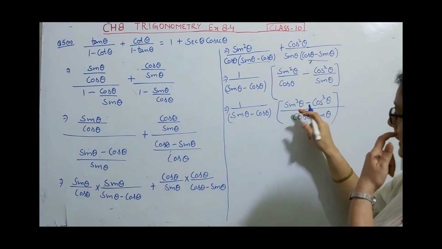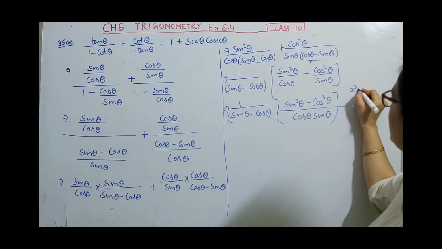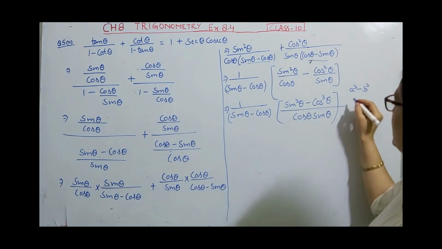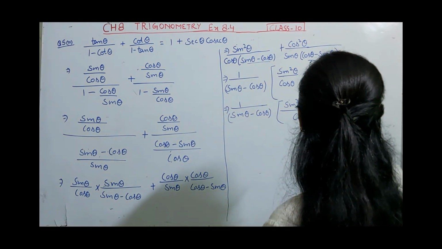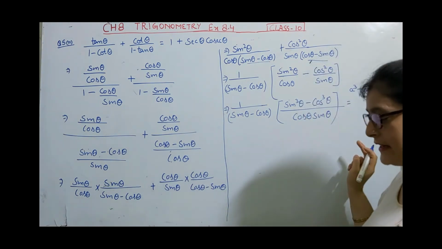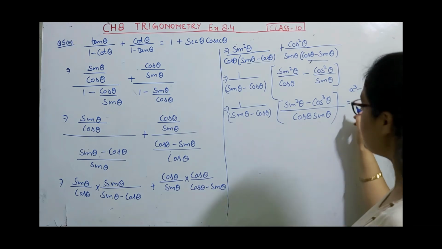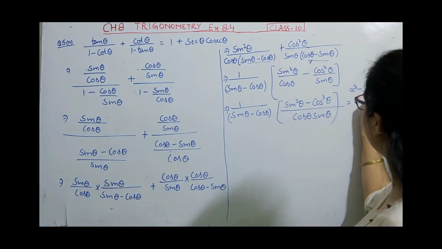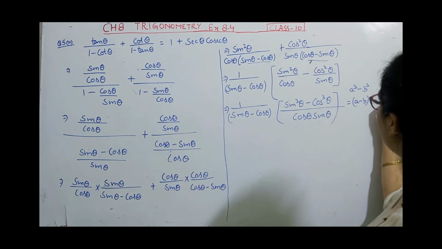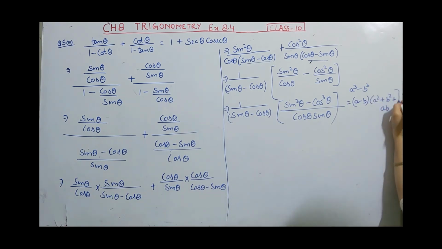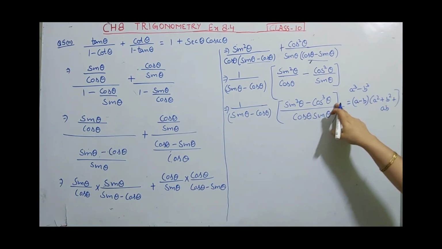It becomes a cube minus b cube. So a cube minus b cube is equal to, it is the algebraic identity, a minus b into a square plus b square plus ab. So we are using this identity.